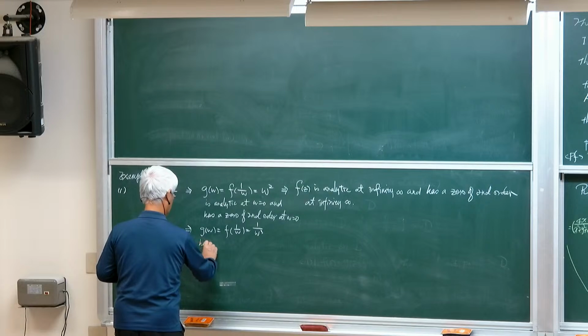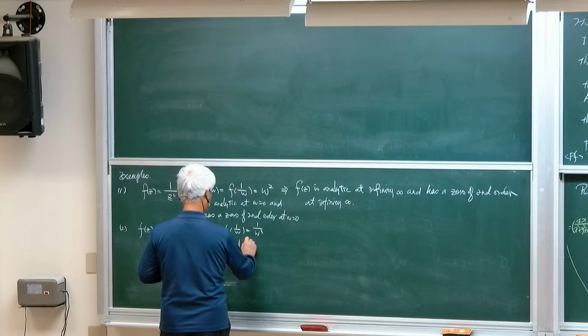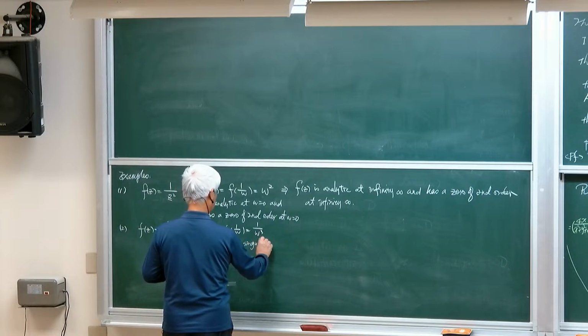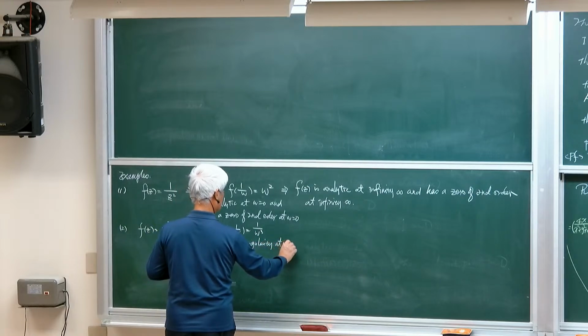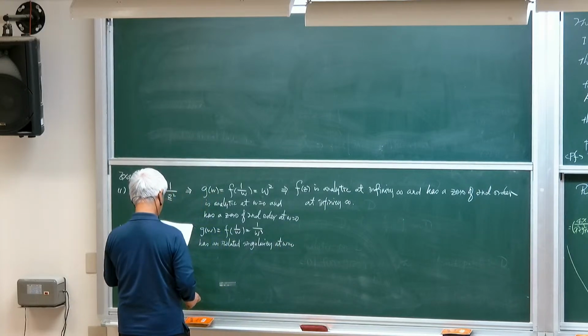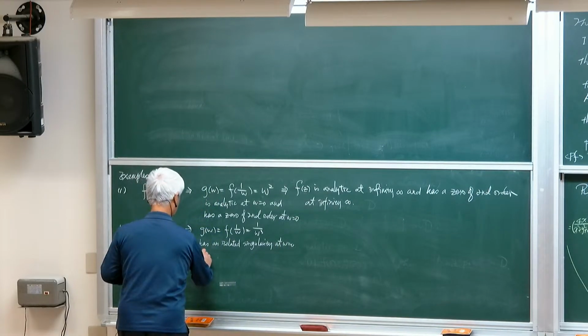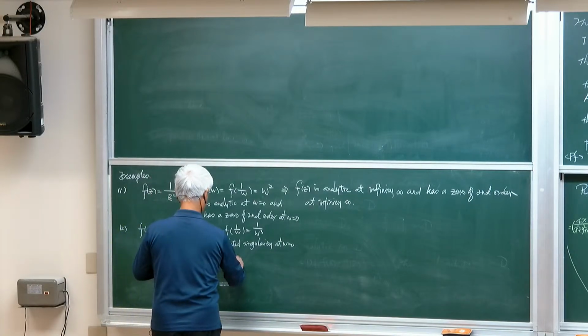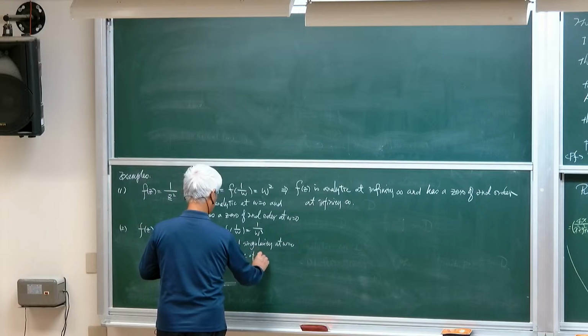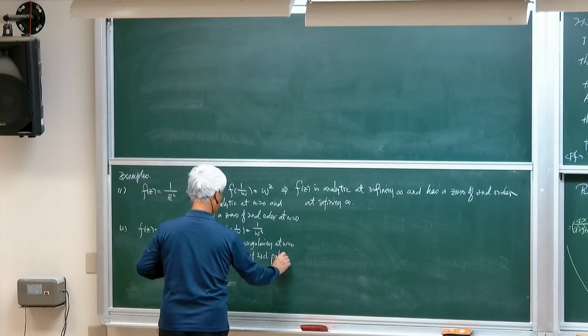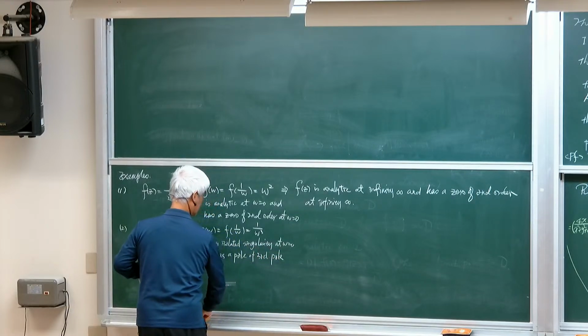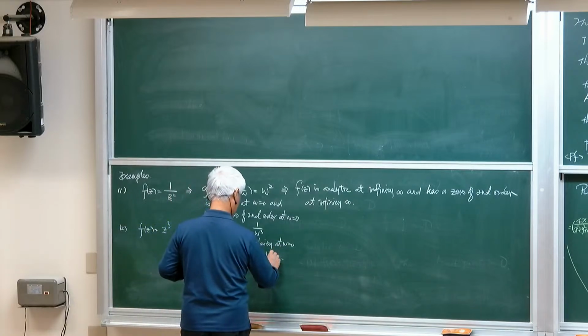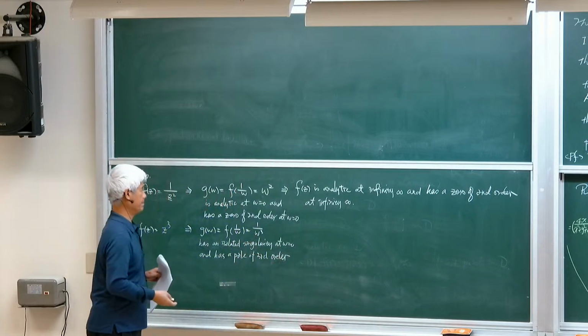This one has an isolated singularity at w equals 0 and has a pole of third order.